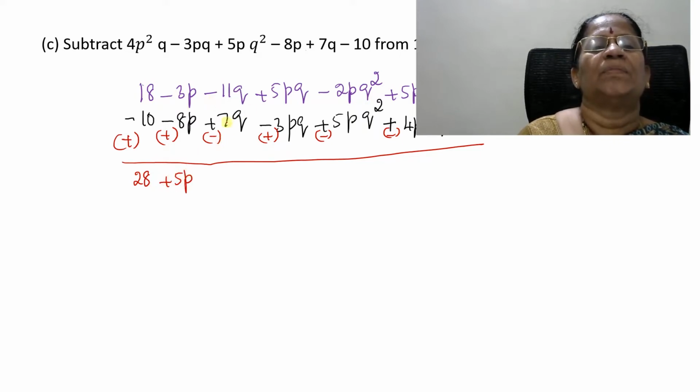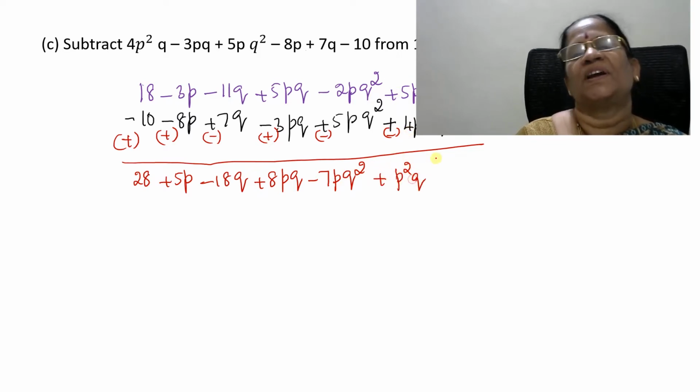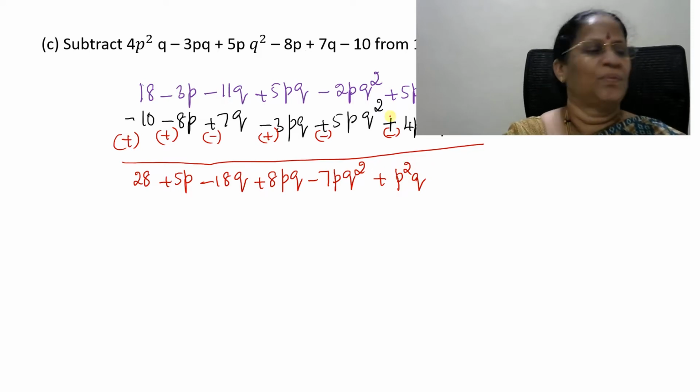Minus 11 minus 7 is minus 18q. Plus 5 and plus 3 is plus 8pq. Minus 2 minus 5 is minus 7pq square. Plus 5 and minus 4 is plus 1p square q, or simply you can write p square q.